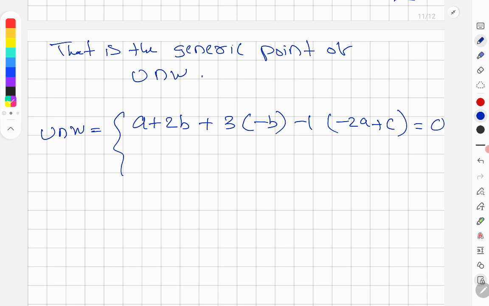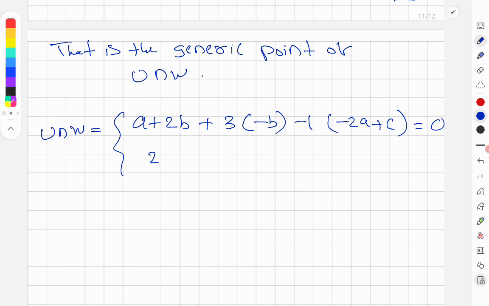The dimension of W is 3 and that one is 4. But now I'm not doing anything. I'm just taking this general point and putting it over here to find the U intersection W.